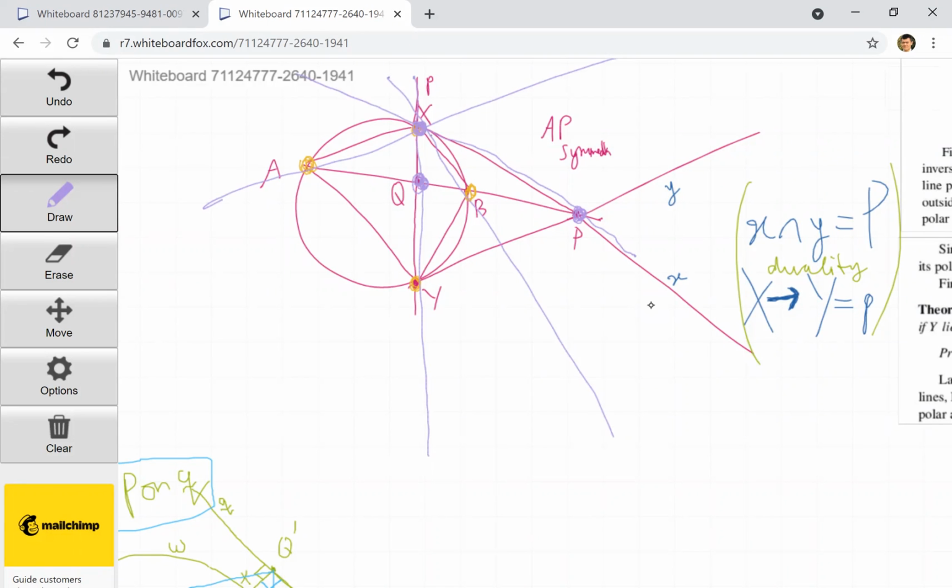Then what we get is a harmonic set of lines. Okay. So these four purple lines are harmonic. And the 4 purple lines now intersect the circle in a harmonic quad.